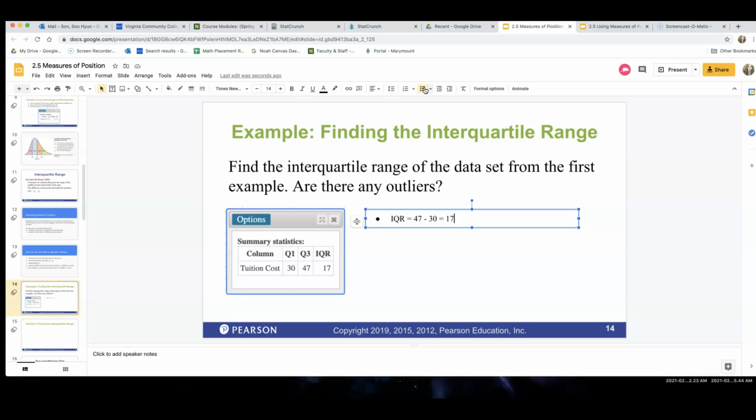Next, I'm going to find the lower fence. This is how you find the lower fence. The lower fence formula is Q1 minus 1.5 times IQR. Q1 is 30, and 1.5 times IQR is 1.5 times 17.